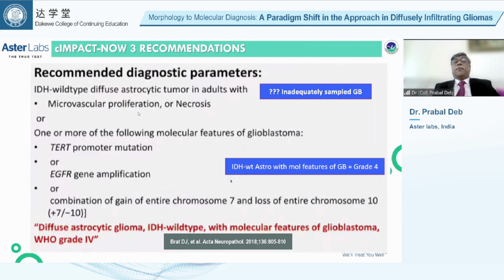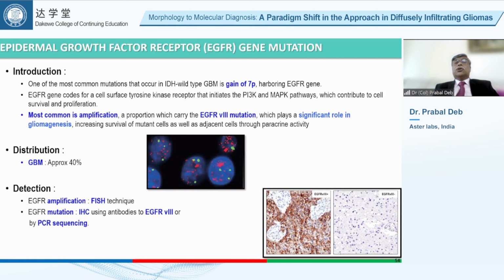If they had microvascular proliferation and necrosis, we would have immediately termed it glioblastoma. But if it was an inadequately sampled glioblastoma without this morphology, then we might be incorrectly labeling it as a grade 2 or grade 3 tumor. And that is why the recommendation came that TERT, EGFR, or chromosome 7, chromosome 10 analysis needs to be done. So how do we assess EGFR?